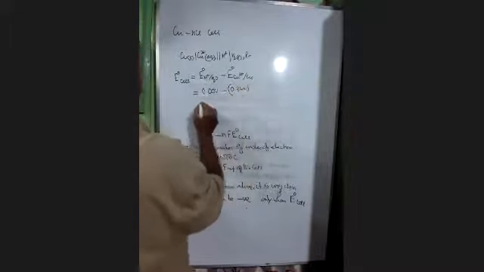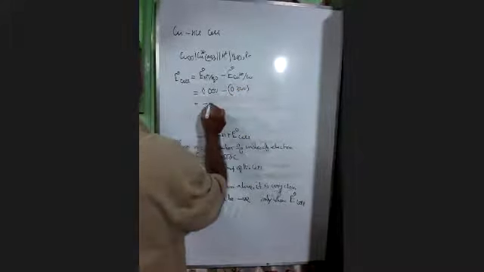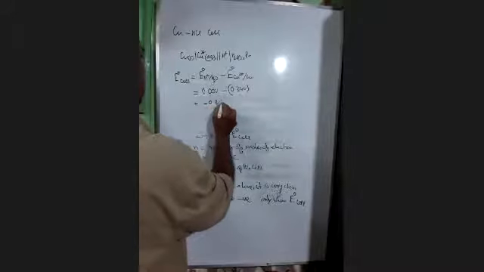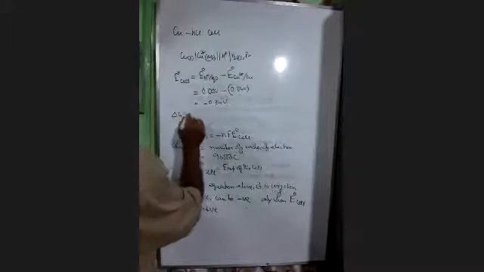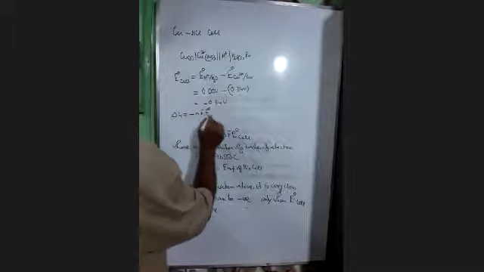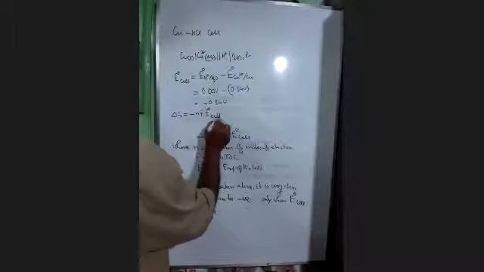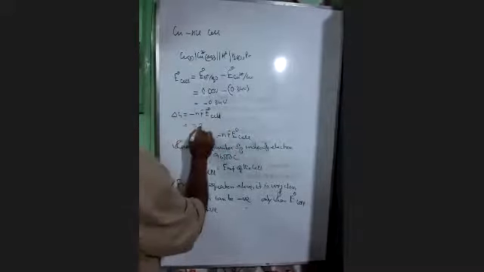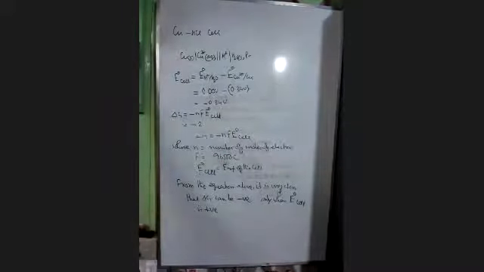So ultimately it is minus 0.34 volt. Now I'll write delta G equals minus nF E0 cell. Here how many electrons has it taken? 2. Copper has taken 2.